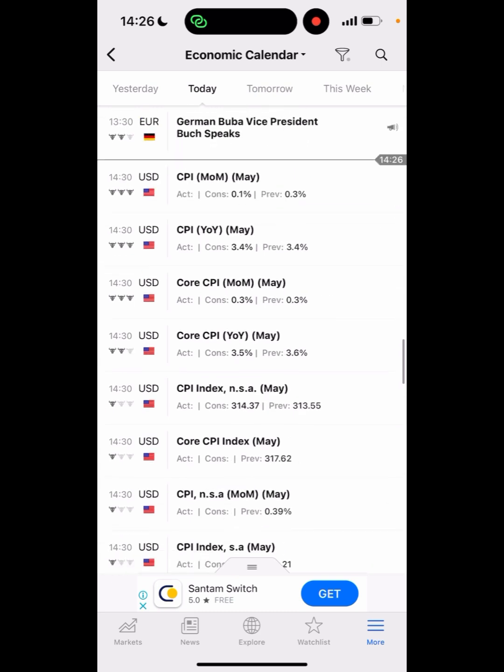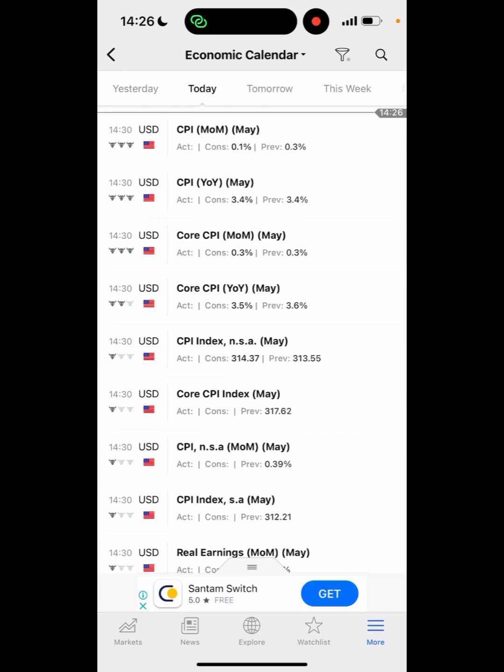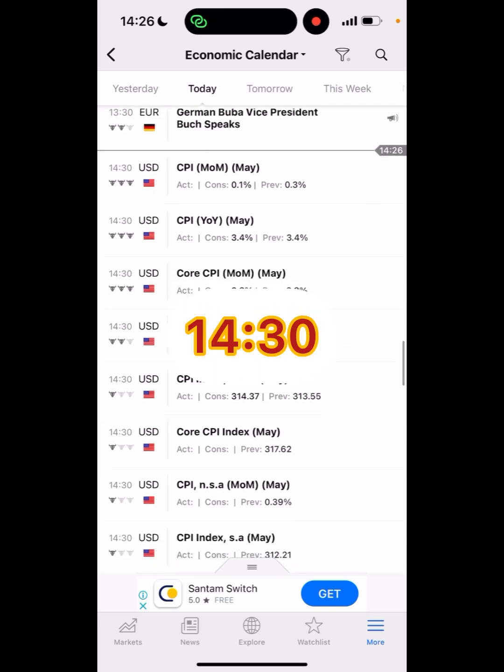Today we have CPI news, which is this one right here, CPI m/m, and we have CPI y/y, and we have core CPI m/m. So we have these three news, but they're all going to pop at the same time. You know how we do.